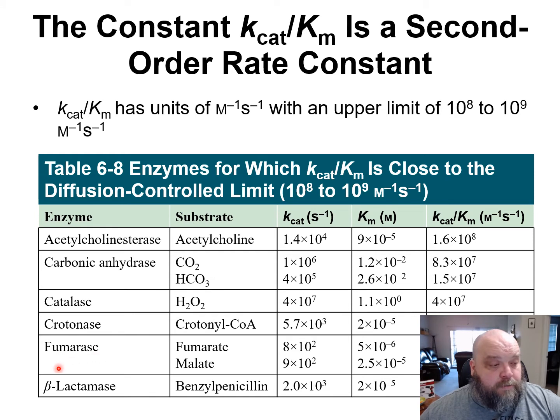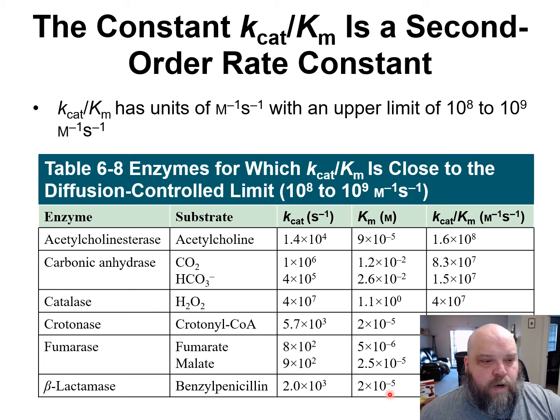Take something like the beta-lactamase. Kcat, 2 times 10 to the 3rd. Km, 2 times 10 to the negative 5th. So this 2 times 10 to the 3rd doesn't sound like a lot. 2,000 beta-lactam rings per second per enzyme. Not very high when you compare it to catalase. But look at the Km.